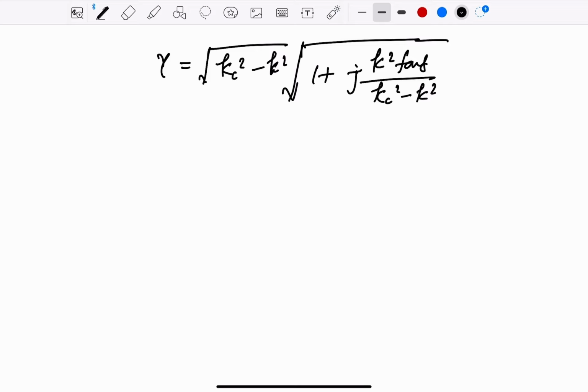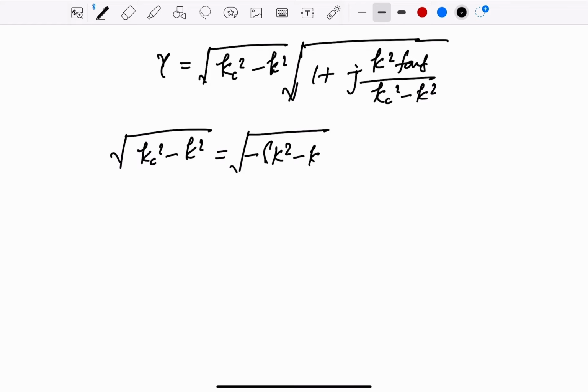Now, kc square minus k square, like this, minus k square, we may write as minus j beta square, or you can write j beta only. This is for both TE mode and TM mode.